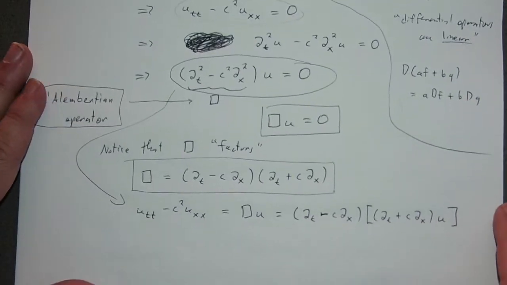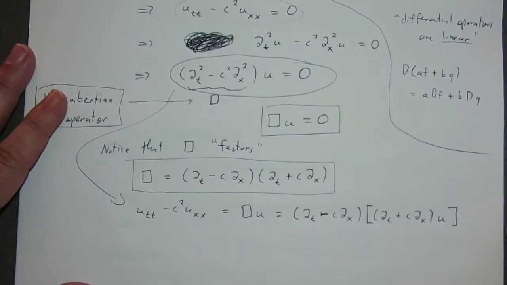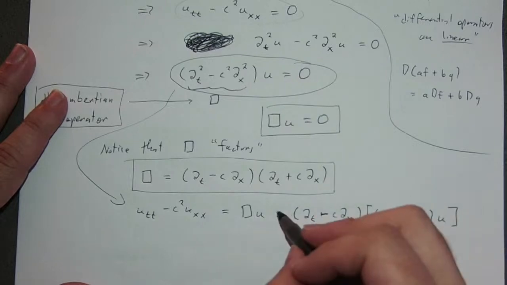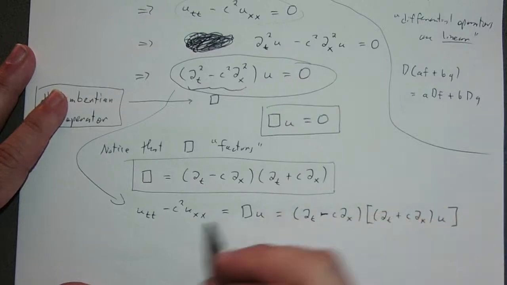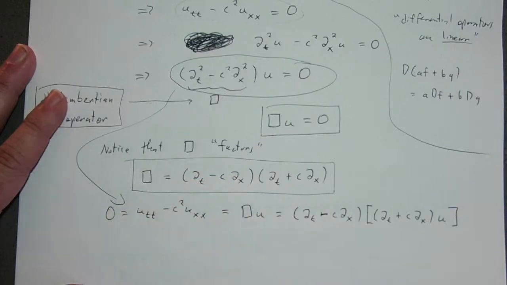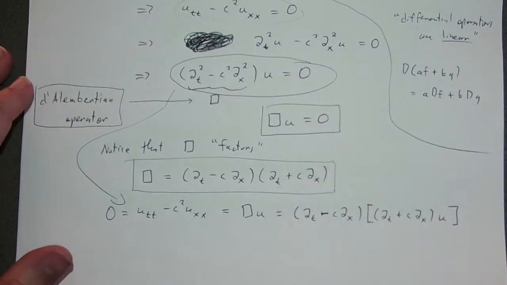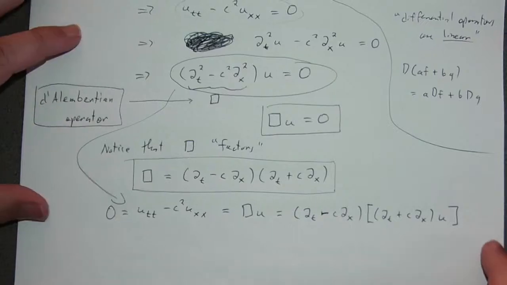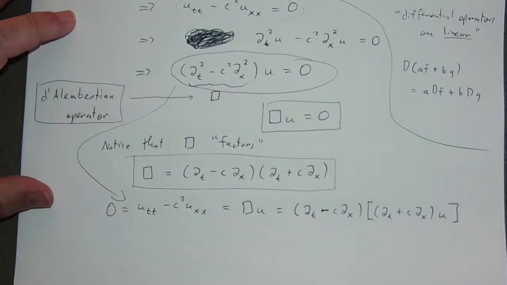But wait, what have I done here? If this is going to be equal to 0, I have factored this operator in such a way that it's almost like I get two equations. But what are the two equations I get?